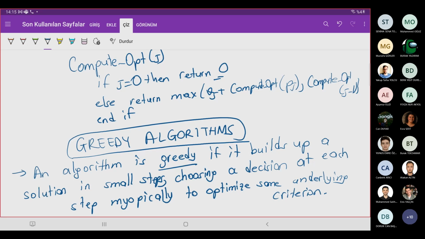Or even for the same problem, you may come up with a greedy algorithm that gives you an optimal solution, but some other greedy algorithm that somebody else came up with, or you came up with also, may not guarantee you an optimal solution. Okay, it's just some tool you have.